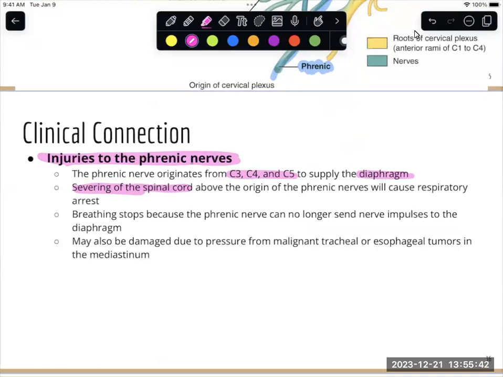If it is above C3, that's the phrenic nerve, it's going to cause respiratory arrest. You are not going to be able to breathe because there's nothing telling your diaphragm to contract to allow you to breathe in. There's a lot of things that can cause damage to that phrenic nerve as well, like tracheal or esophageal tumors can put pressure on that phrenic nerve and cause it to stop working.